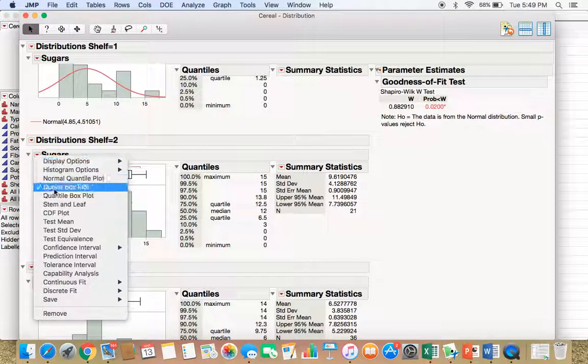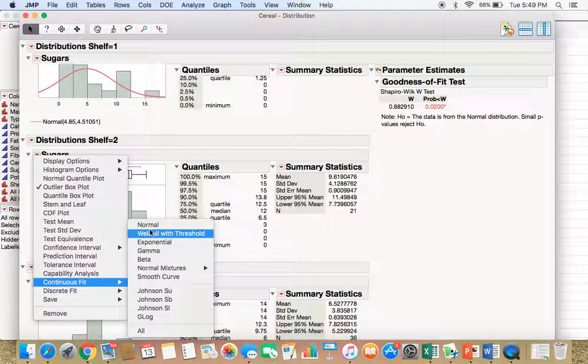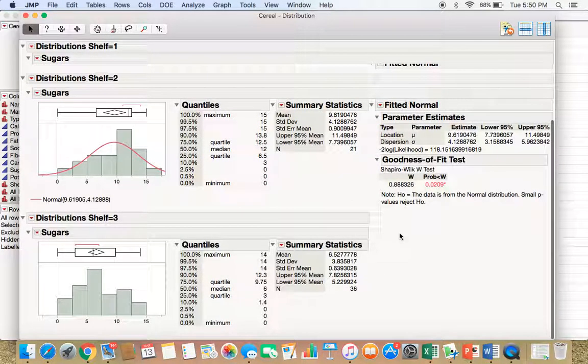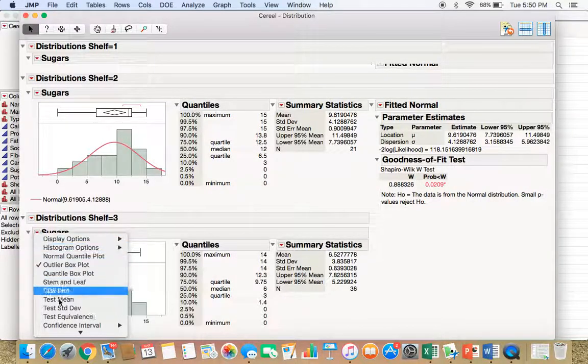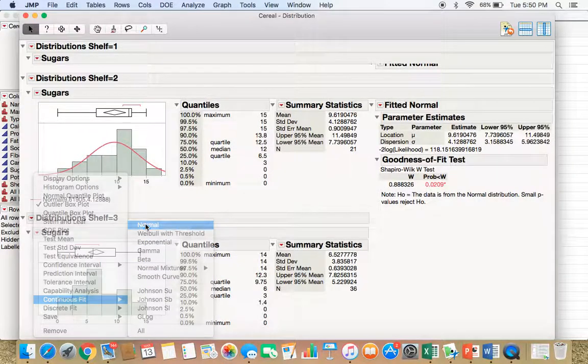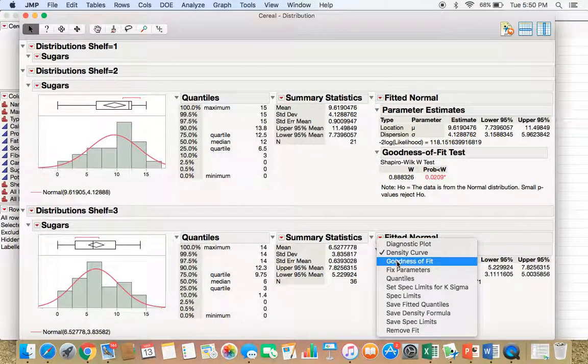So we go to continuous fit, normal, hotspot, goodness of fit, and you want to repeat this again for shelf 3, continuous fit, normal, goodness of fit.